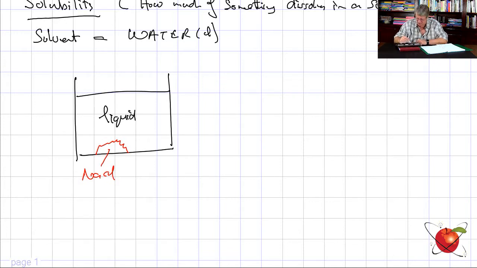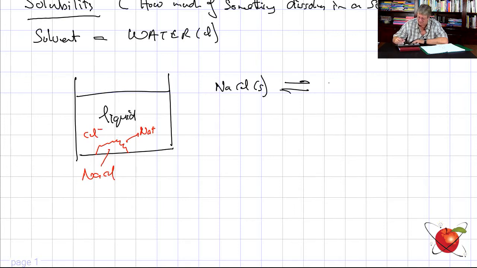What happens is the salt becomes Na plus and Cl minus, doesn't it? So up to a point, you will find it dissolves, but then it stops dissolving, does it not? When it's reached that point, it's in equilibrium. So what we're saying is that the reaction is NaCl solid, plus water if you like, but we can omit it in this case, goes to Na plus plus a Cl minus. I've only written the ionic equation.